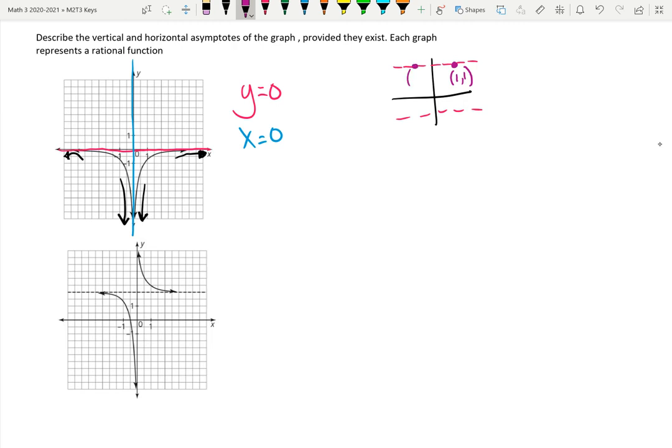Here, let's say it's at negative 1, 1. Do you notice how in both of these instances, the y is the same? If I looked at the point underneath, let's say that this is at negative 1, negative 1, over here it would be 1, negative 1. Notice the y's are the same.